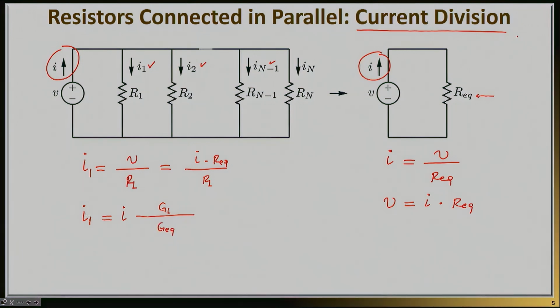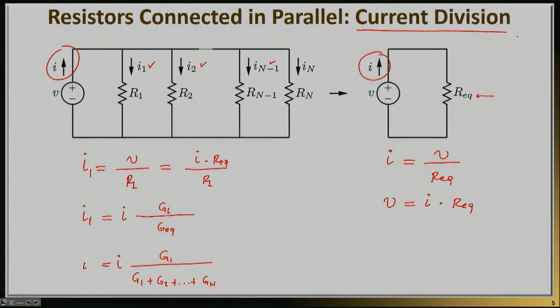So I wrote essentially that Req is equal to 1 over Geq. And one more step, this will be equal to I, G1, over the sum of conductances, and remember that for the parallel case, the equivalent conductance is nothing else but the summation of the conductances.